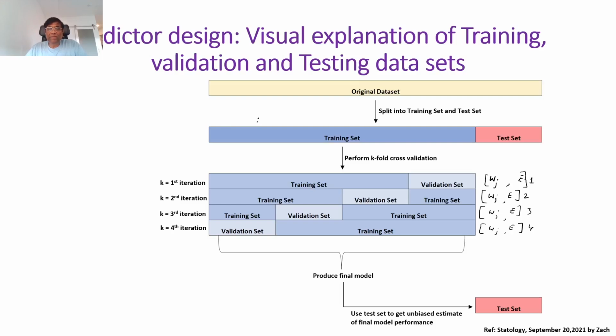Normally, as I told you, you can keep 80% for training and the remaining 20% for testing. Testing means you will have to evaluate, right? And we will talk about the evaluation metric. It could be 70-30 also. This is normal practice.